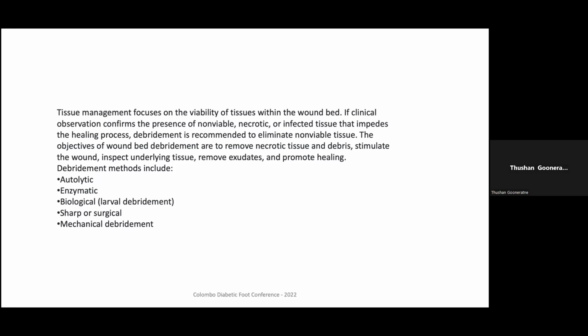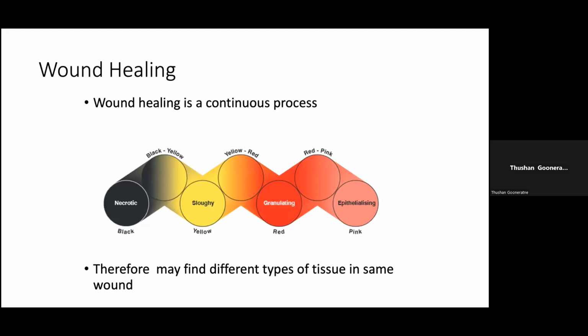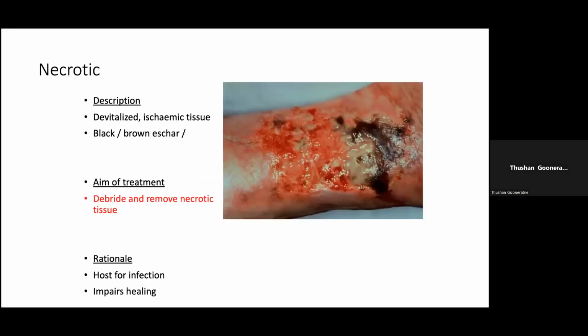Now, how do we do that? There are various techniques, from using dressings, surgical debridement, to maggots, etc. We use these to try and remove the devitalized tissue and get the wound into a healing phase. The aim is to remove that tissue.